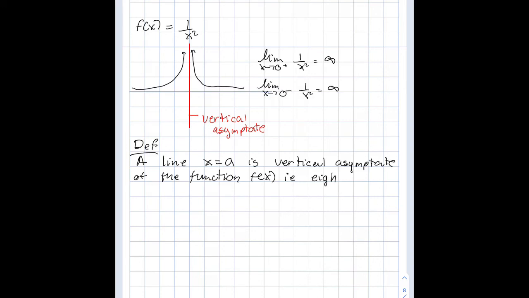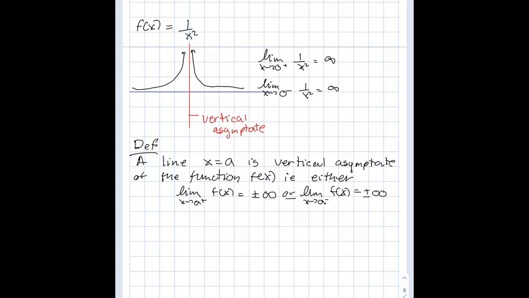if either, the limit as x approaches a from the right of f of x equals plus or minus infinity, or the limit as x approaches a from the left of f of x equals plus or minus infinity.